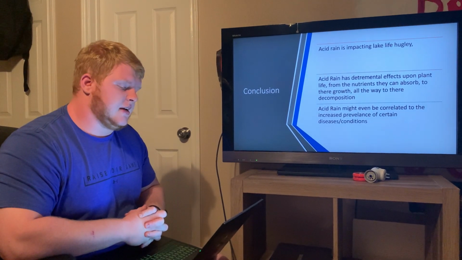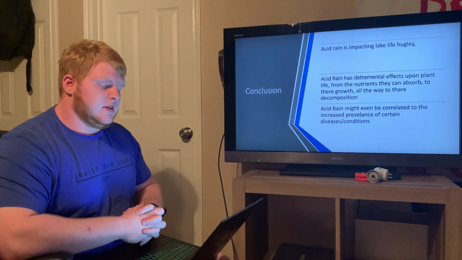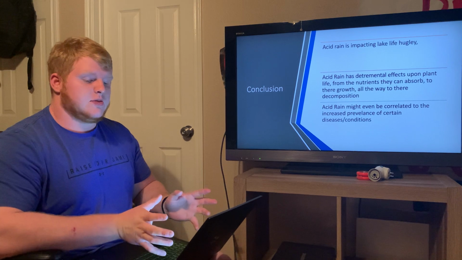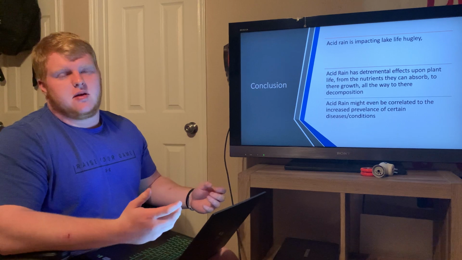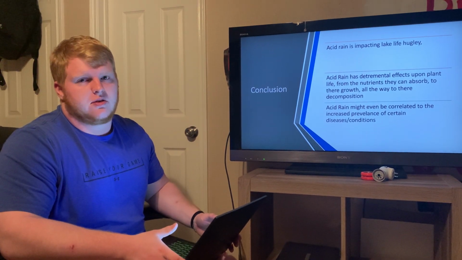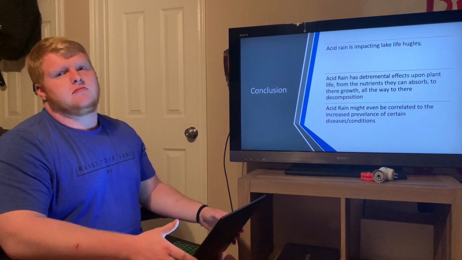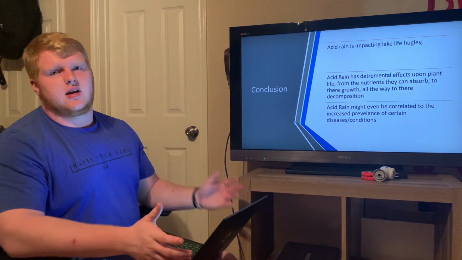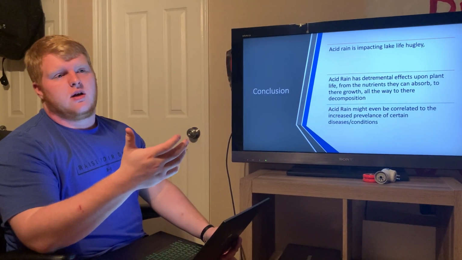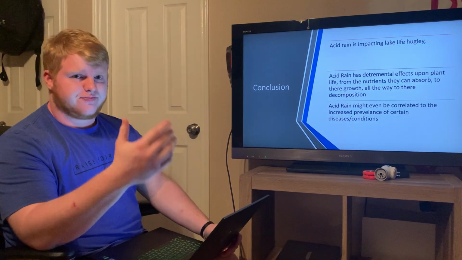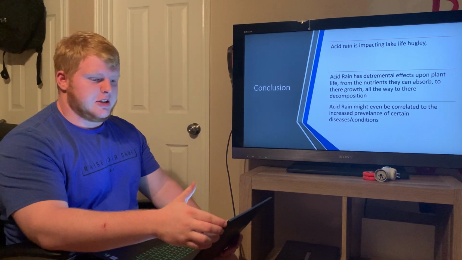Acid rain has detrimental effects upon plant life, from the nutrients they can absorb to how well they grow to even how they die and break down into material for the next bunch of vegetation. And acid rain may even be correlated to Parkinson's and things that affect human life. Frankly, more needs to be done on the issue, though it gets very little attention worldwide, especially in China.